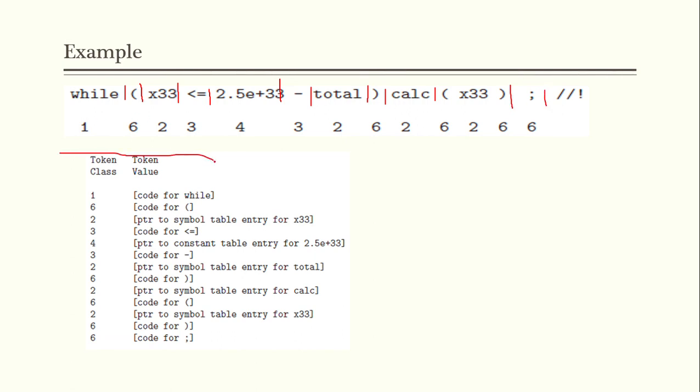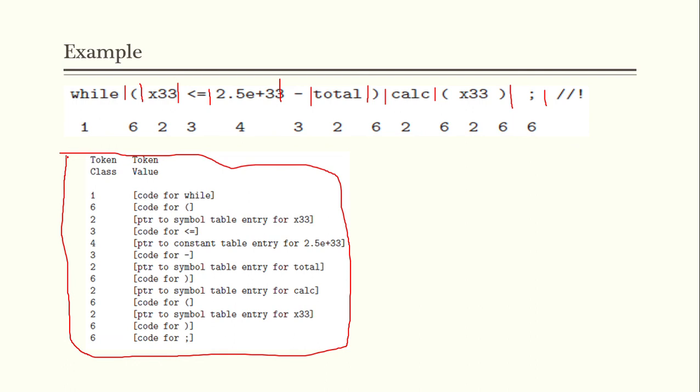So this is a table. The lexical analyzer, not you, will convert this information into this table. That is how the lexical analyzer does tokenization. They split it into tokens. So while is under class 1, and the token value is the code for while.